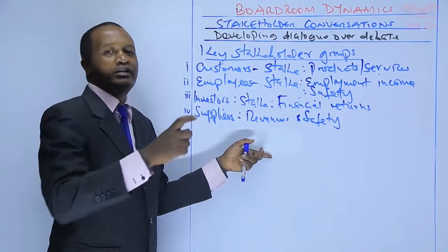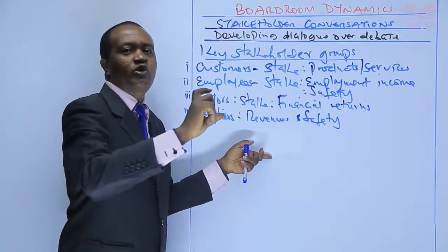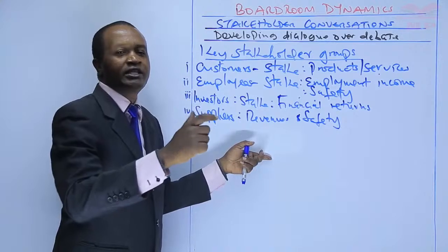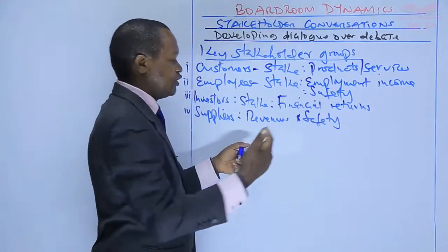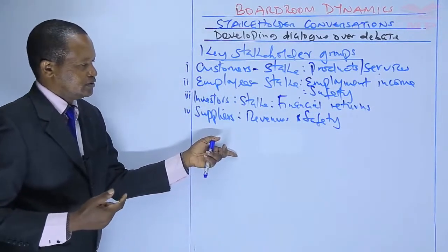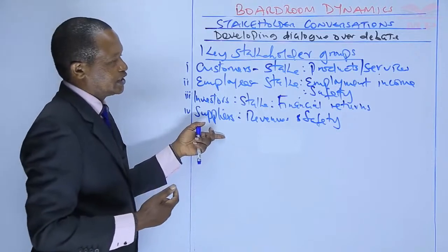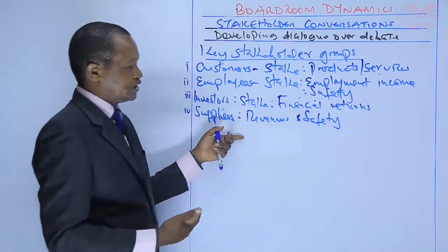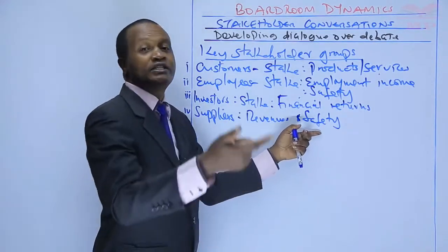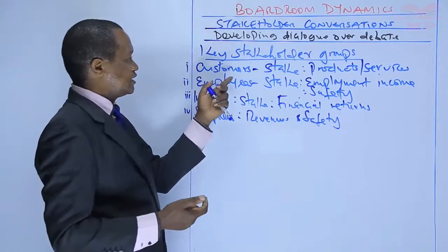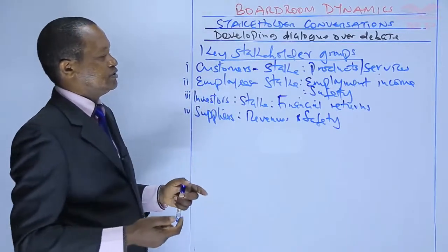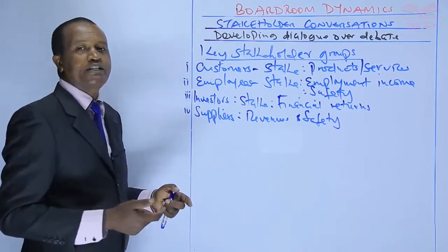Okay? Their health and safety is also on the line, as they may be directly involved in the company operations. They deal with the company on a regular basis, so they could be interested in their safety also, just like the employees, suppliers.